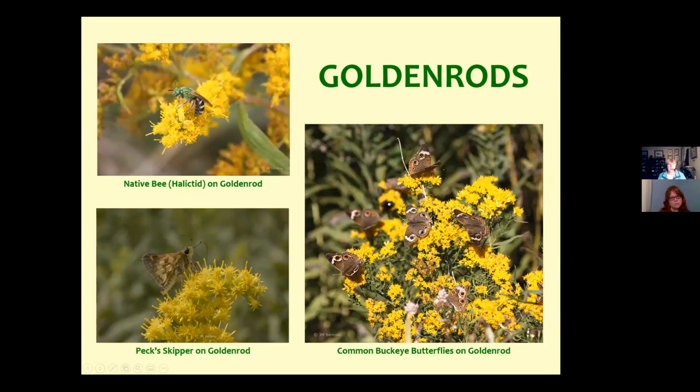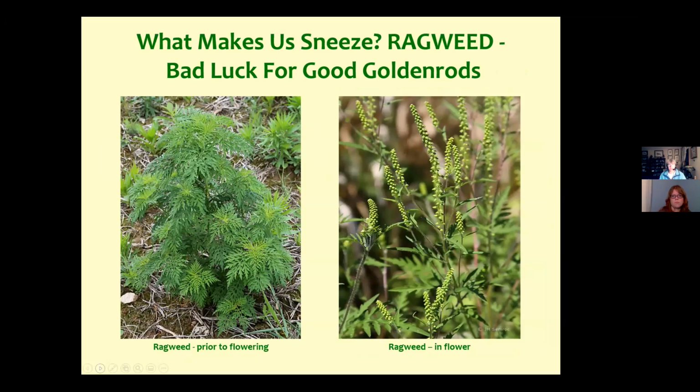There are just a lot of species that will use goldenrod. There are species that are aggressive and species that are not as aggressive, so you could do a little research and find out which ones might do better in a smaller garden habitat if you only have small areas to plant. And yes, goldenrods are wonderful, and no, they do not give us hay fever.